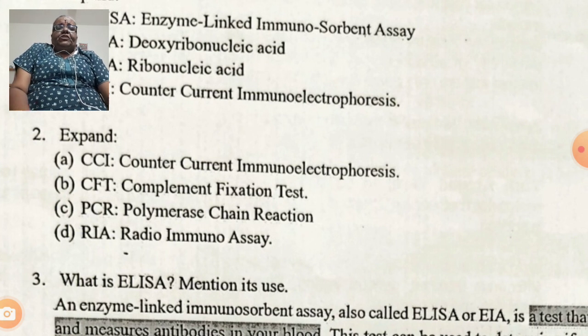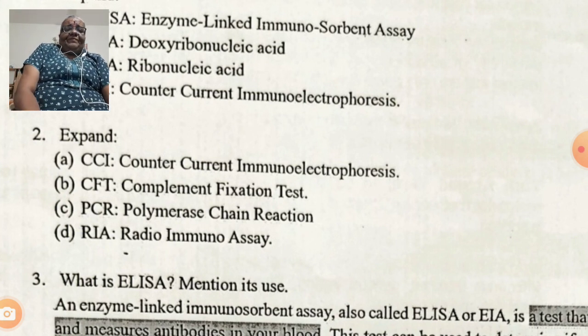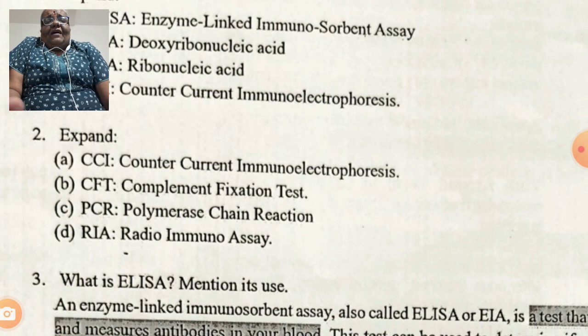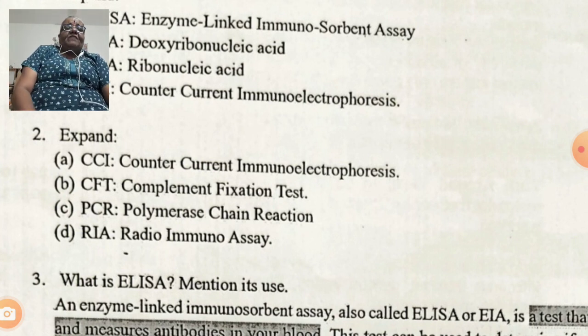So whenever you go to the doctor, he asks you to get your thyroid profile check done and so many other parameters, hormonal assays, and nowadays people go for this radioimmunoassay. Apart from checking the hormones, this can be used for detection of infections in the blood.